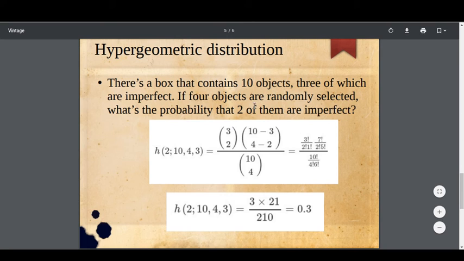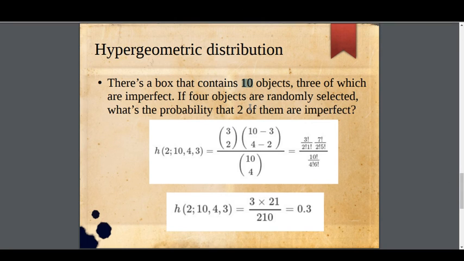This is our set, capitalized N, and we have two subsets, because we know that 3 of those 10 objects are imperfect. So this is our K, and what's our capitalized N minus K?